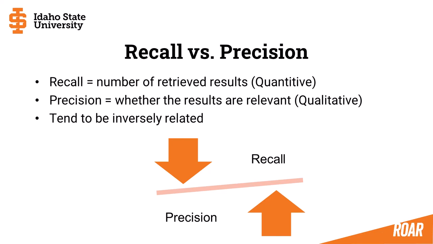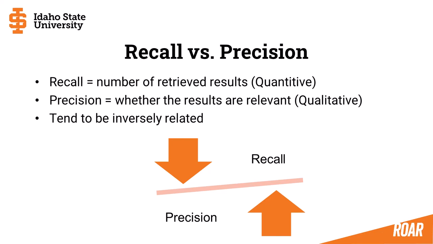This is really more of a qualitative measure of whether the results are useful to us or not. And the challenge is that these two ideas tend to be inversely related. What that means is that if we retrieve a lot of results, we tend to not be very precise, or a lot of those results may be not relevant to us. However, if we try to be precise and really specific in our searching, then we're going to find fewer articles.